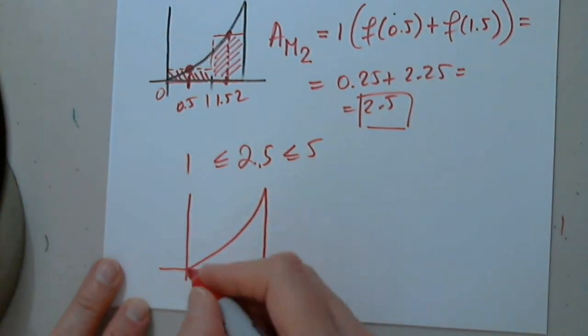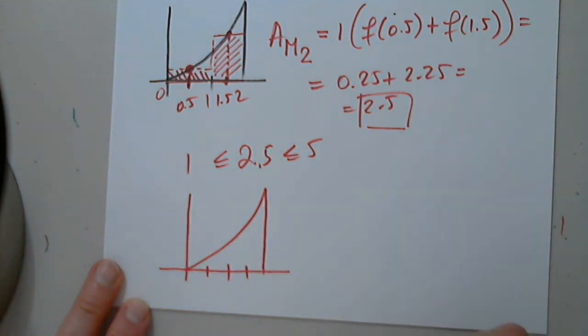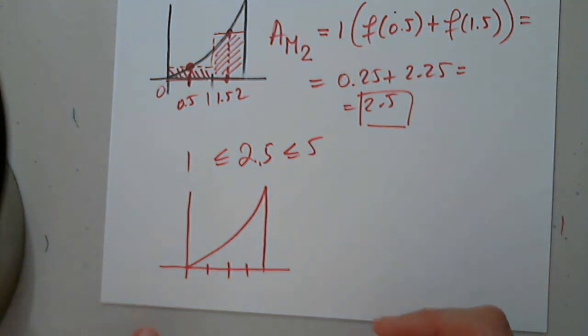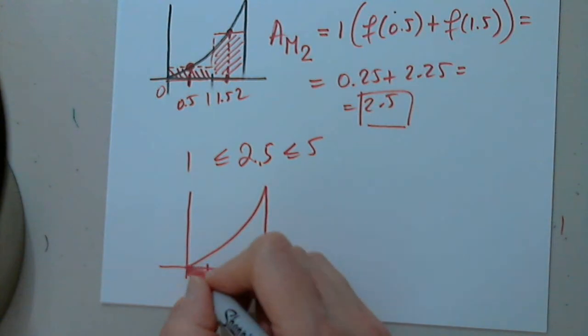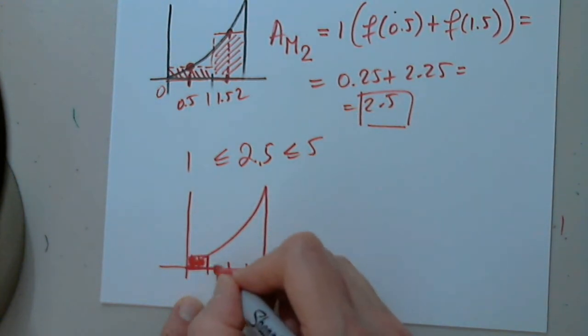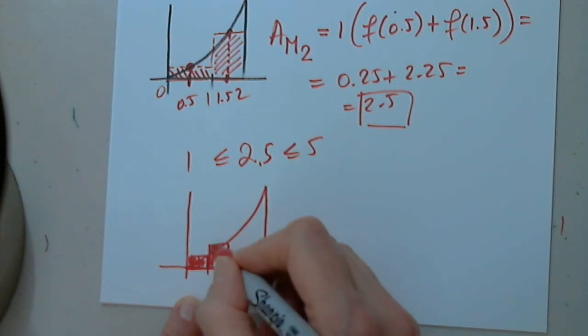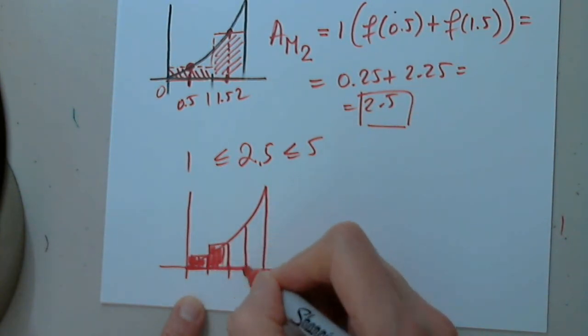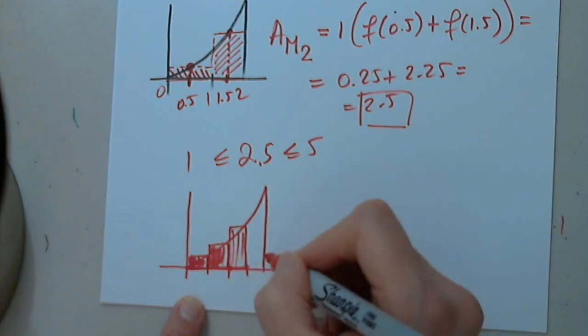But let's say I want 4 subintervals. Let's say I'm using the rightmost point, base times height, base times height, base times height, base times height.